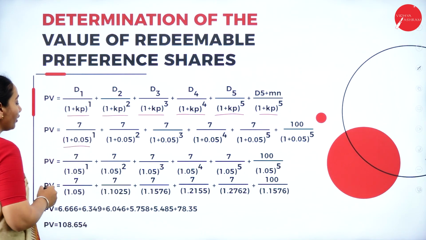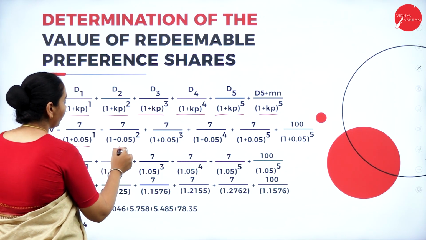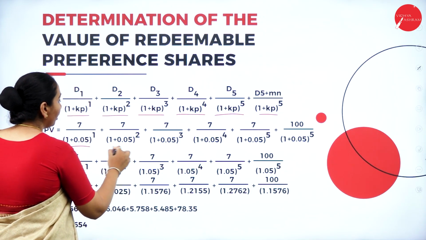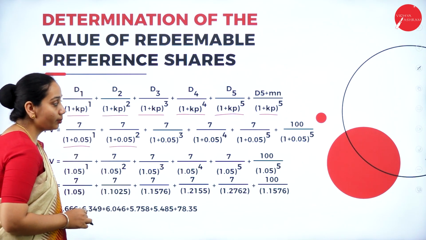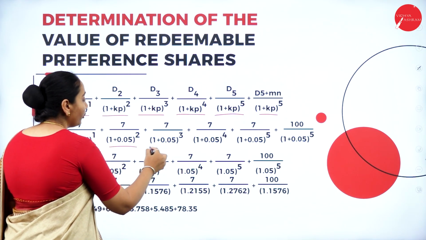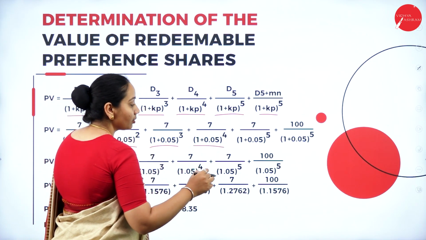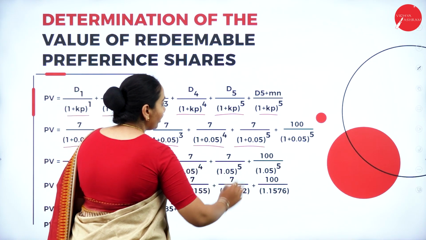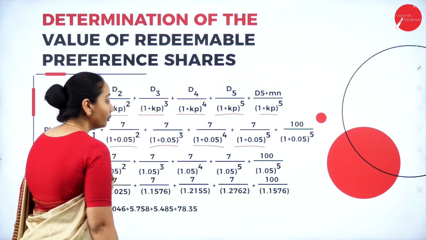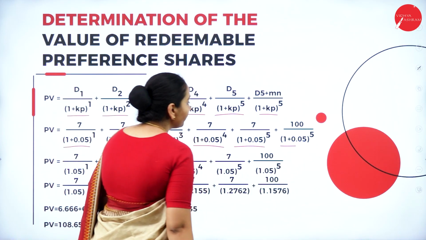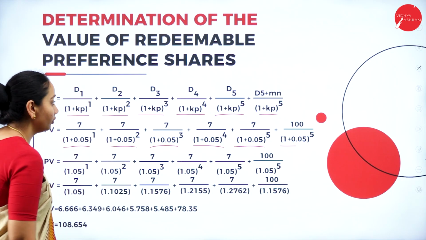So 7 divided by (1 plus 0.05) to the power of 1, 7 divided by (1 plus 0.05) to the power of 2, 7 divided by (1 plus 0.05) to the power of 3, 7 divided by (1 plus 0.05) to the power of 4, 7 divided by (1 plus 0.05) to the power of 5, then 100 divided by (1 plus 0.05) to the power of 5.